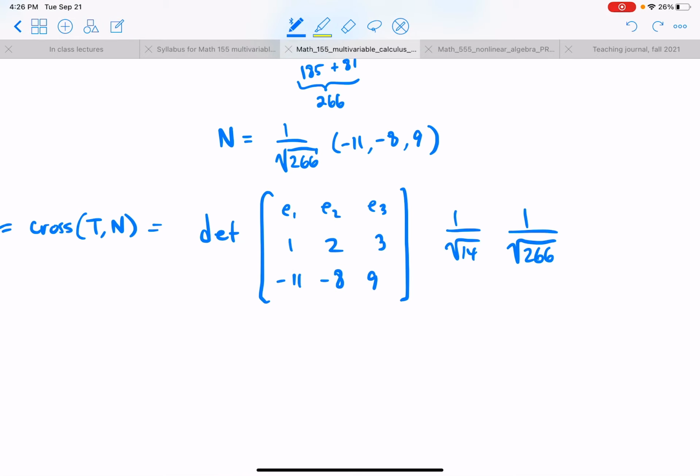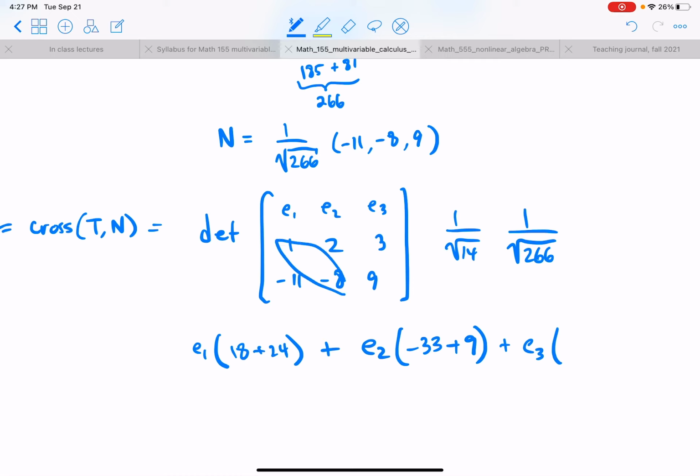Now the determinant is E1 times 2 times 9 minus negative 24, plus E2 times minus 33 minus 9, plus E3 times negative 8 minus negative 22.